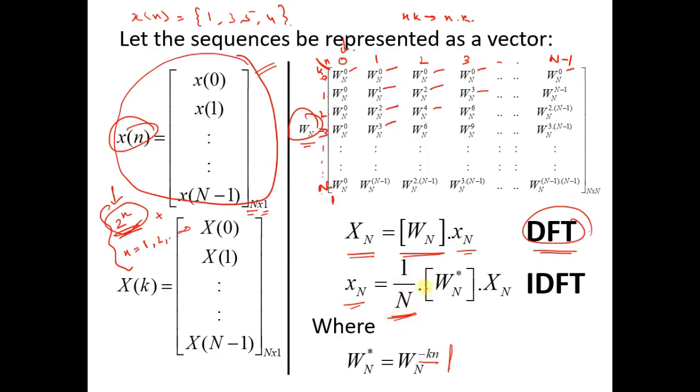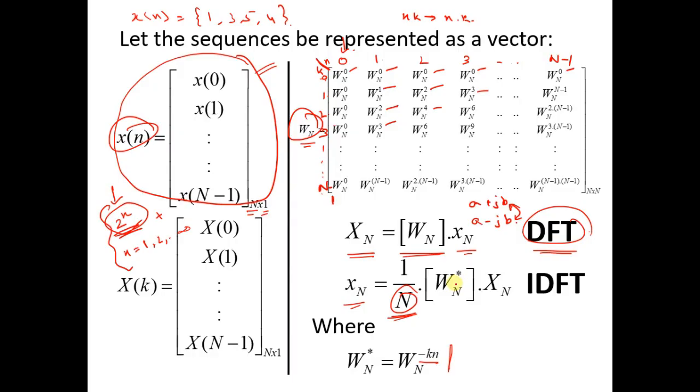It is 1 by capital N, that means 1 by the length of the signal, W conjugate multiplied by X of n. Conjugate means, if you have a plus jb, its conjugate would be a minus jb, and vice versa. If you are given a minus jb, its conjugate would be a plus jb.